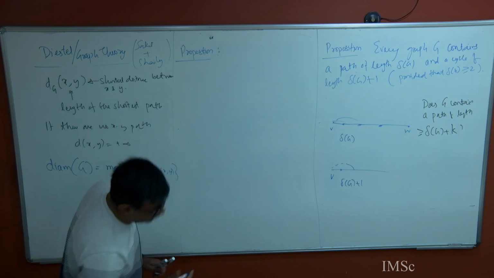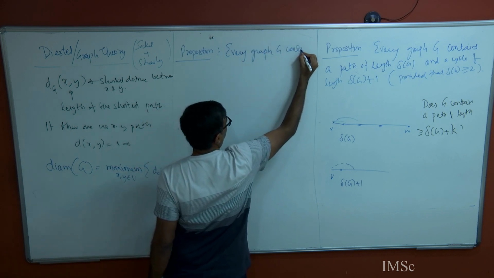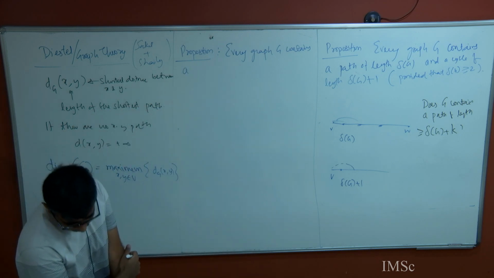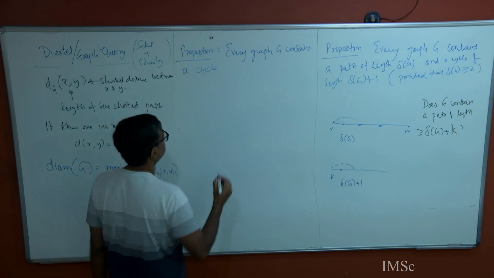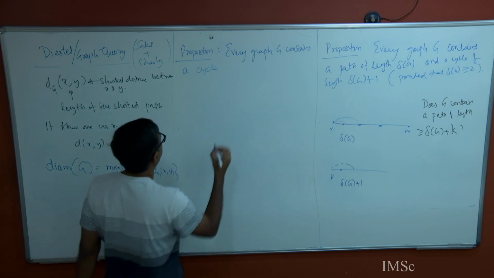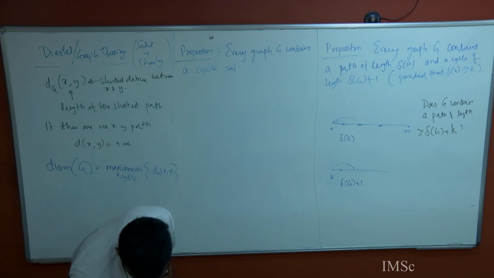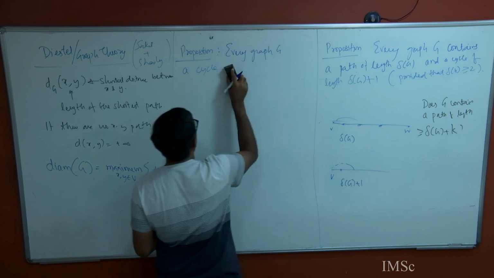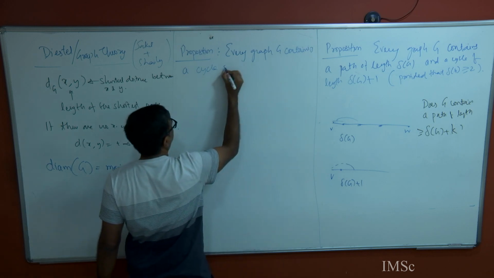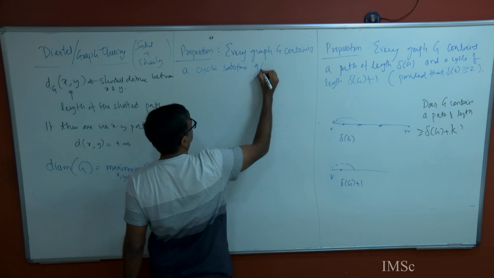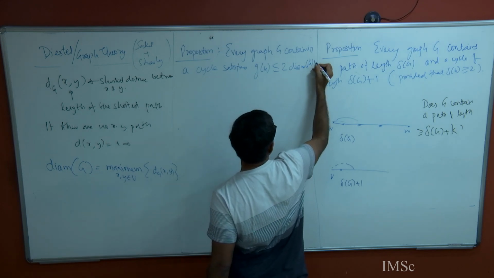Every graph G containing a cycle satisfies that the girth of this graph is at most 2 times diameter of G plus 1.